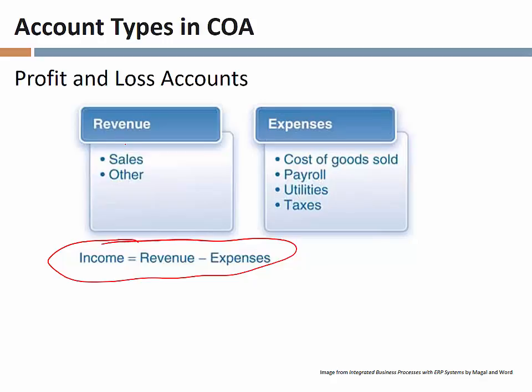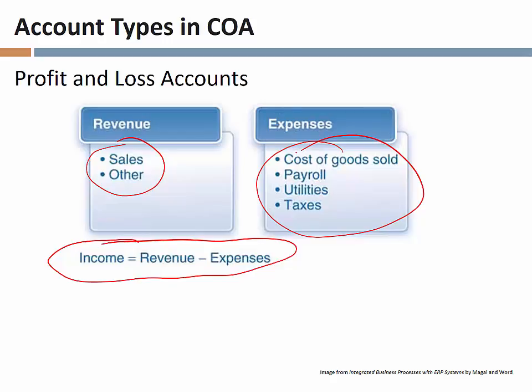So any account that I use to capture sales revenue is going to be a profit and loss account. And any expense related accounts, my costs of goods sold, my payroll expenses, my water bill, my gas bill, my electric bill, my taxes, money that I'm paying out for bills would be classified as an expense account.